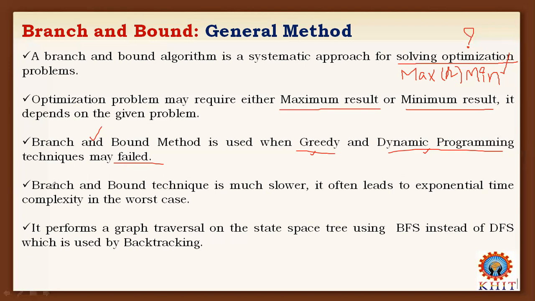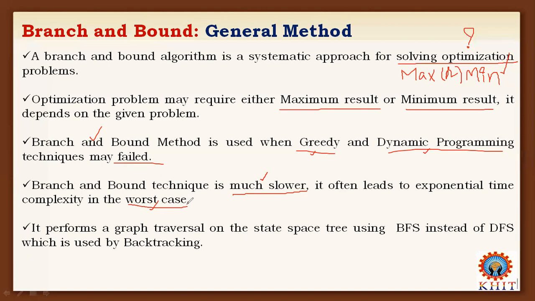Here, if you apply the branch and bound technique, it is very slow. The performance of branch and bound is very slow when compared with other algorithm design techniques like greedy, dynamic, and backtracking. It is very slow, and it will lead to worst case time complexity.